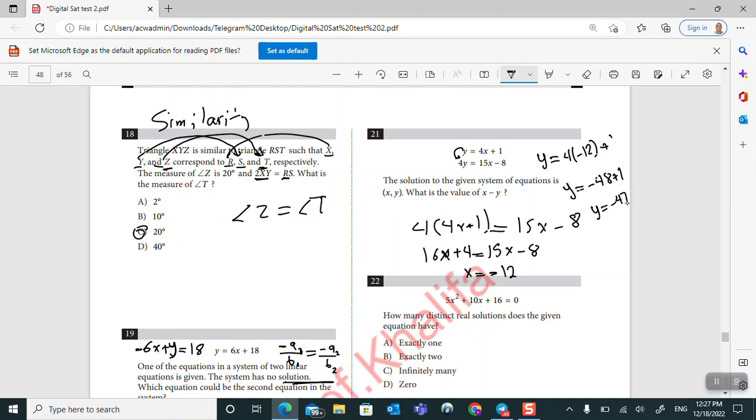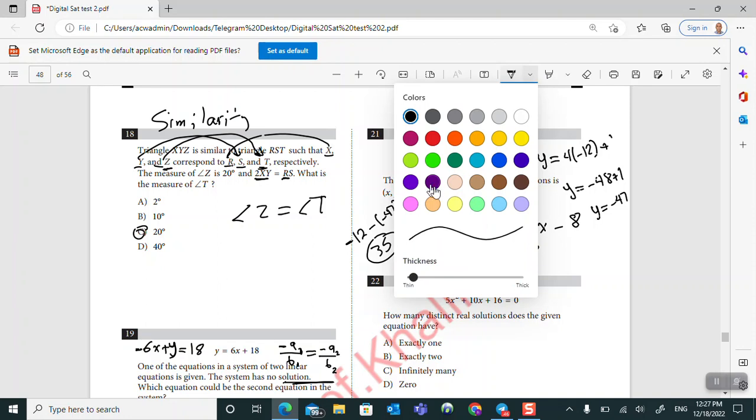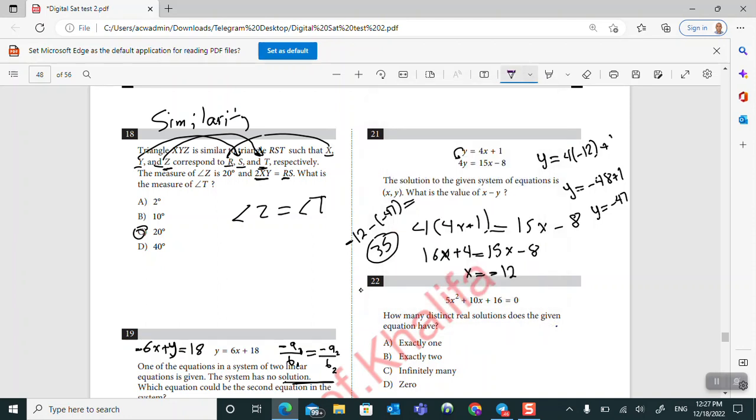So negative 12 minus negative 47 is equal to 35. So that's the solution for such a question. All you have to do in such questions is substitute the given equation in either of them, first get the value of either y or x, then find the other value for the variable given.